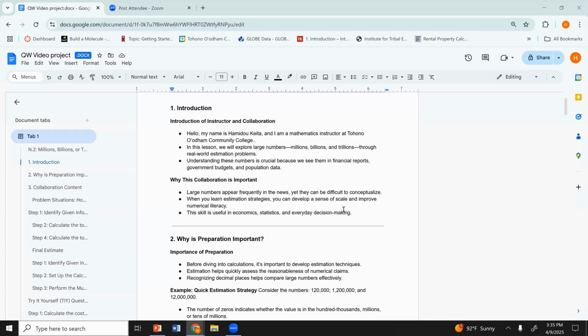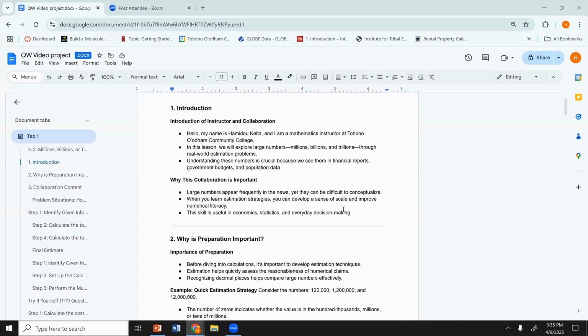So understanding these large numbers is important because you see them everywhere in financial reports, in government budgets, and population data. So it's important for you to be able to mentally estimate these numbers and see if they make sense.